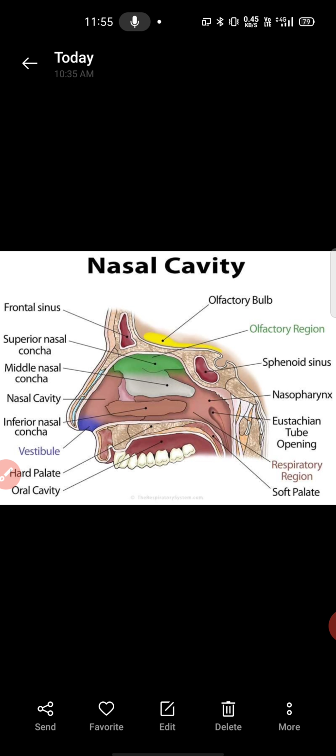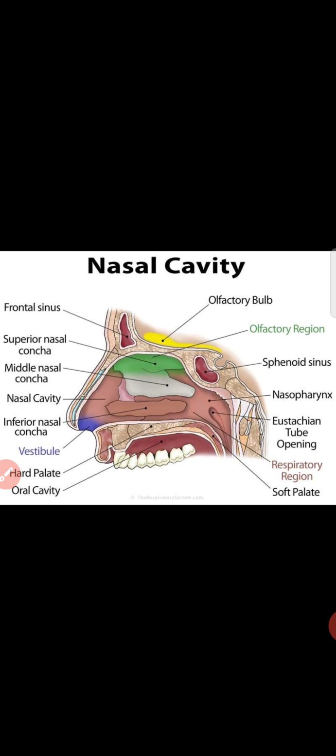The oxygenated blood arrives through the arteries, and the deoxygenated blood is collected by the veins. Prominently there are two veins, the superior labial vein and the angular vein, which collect the deoxygenated blood from the nose.